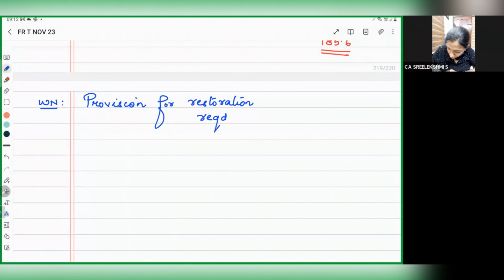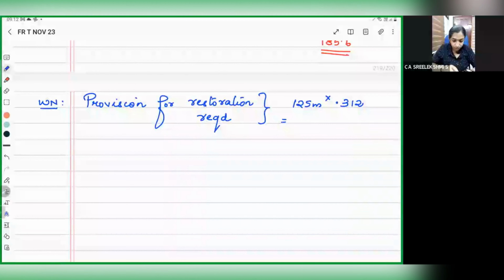How much was the provision for restoration required? 125 million into 0.312, a provision for restoration required, 39.